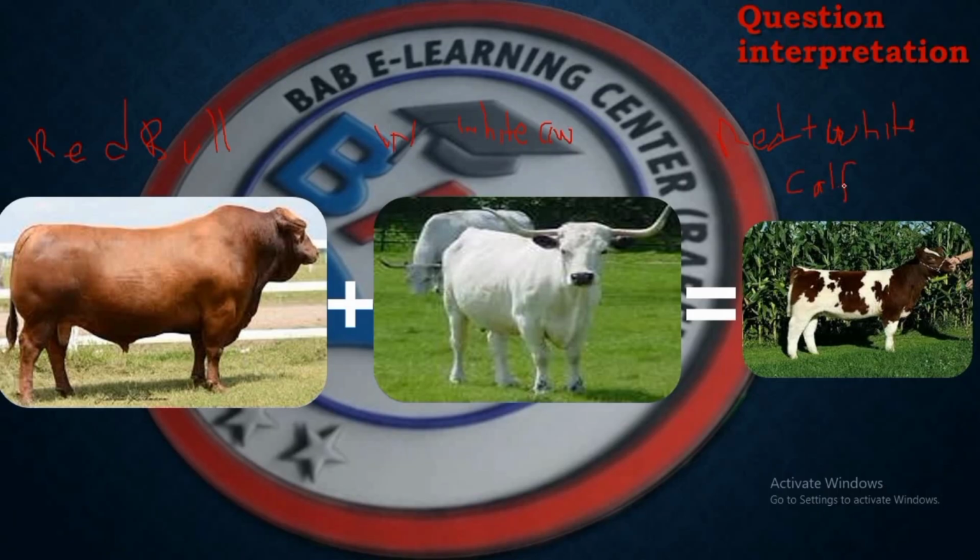A calf is a young one of a cow. A red bull, when crossed with a white cow, gives a Rowan calf with both red and white patches.